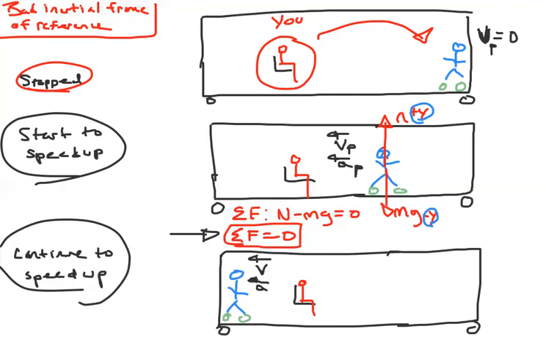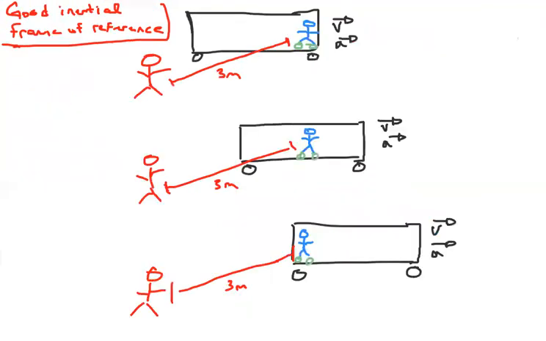So what makes it a bad frame of reference is when you have acceleration from the measuring point, where you're the person trying to measure what's going on, but you yourself are speeding up or slowing down. That's a bad thing. So what's a good inertial frame of reference? When you're standing still.